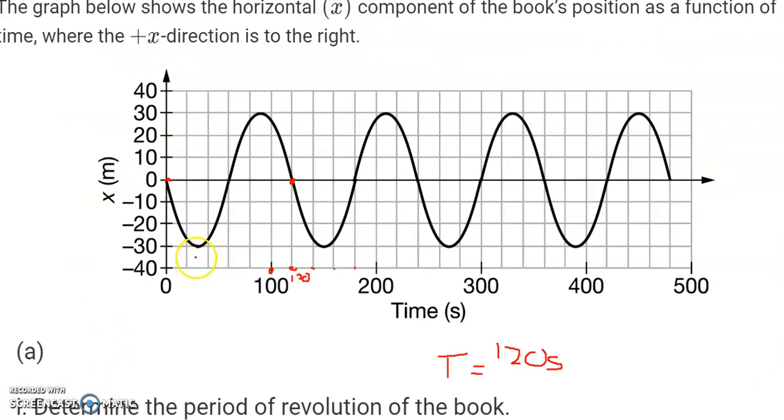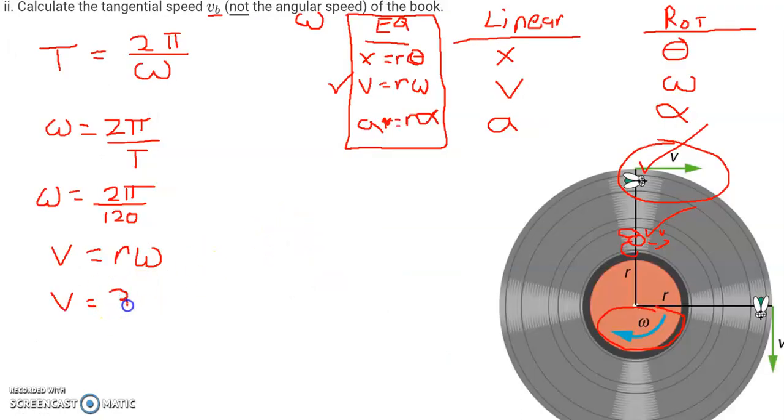We get the radius from this graph here. It says it's the horizontal component of the book. We can see that the maximum distance away the book gets is 30 meters. So that must be the radius. That's where we find the radius.